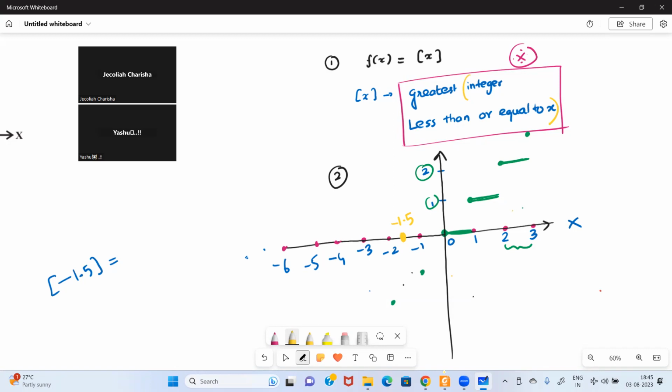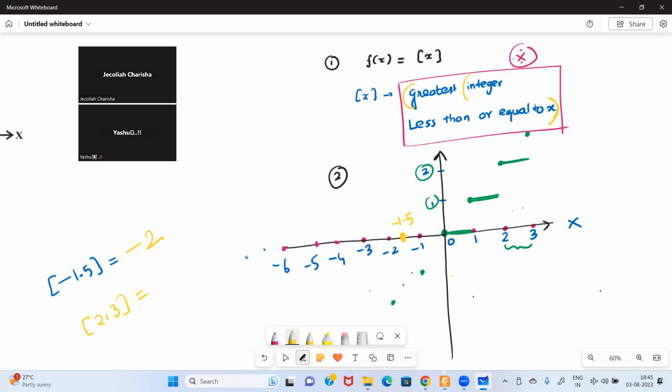Is minus 2 big or minus 3 big? Minus 2, sir. So minus 2, minus 3, minus 4, which is the largest? Minus 2, sir. That is the answer, because the definition says greatest integer less than or equal to. So what is the answer for minus 1.5, Jacolia? Minus 2, sir. Okay, good.